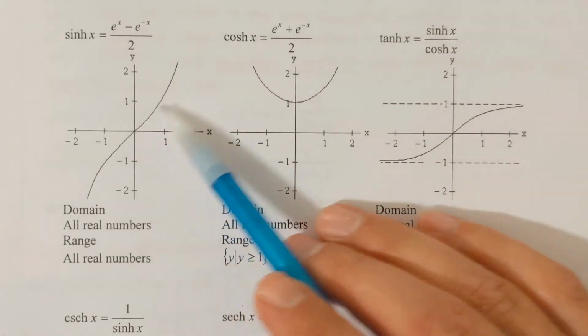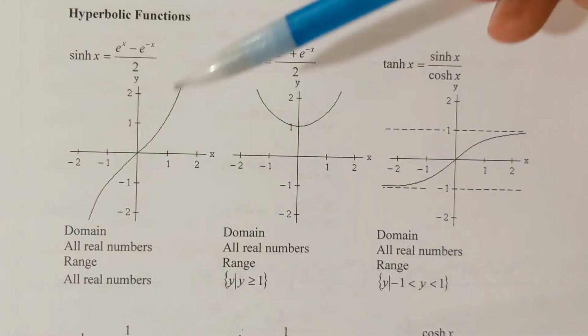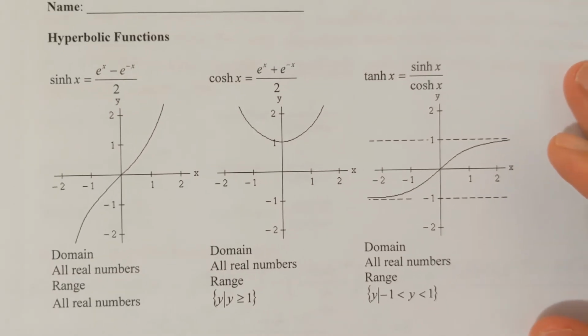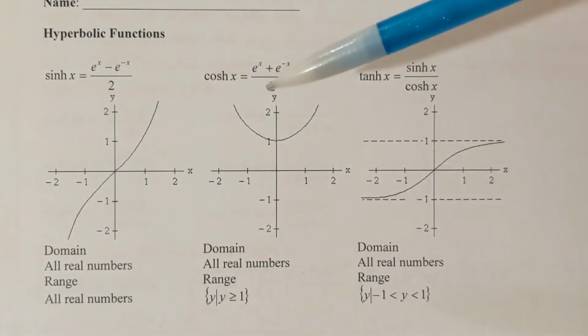Now, these are not graphs that you'll need to have memorized. Okay, the hyperbolic functions will come up here and there for different things, but they don't really beat you up with it. Okay, especially not with the graphing.